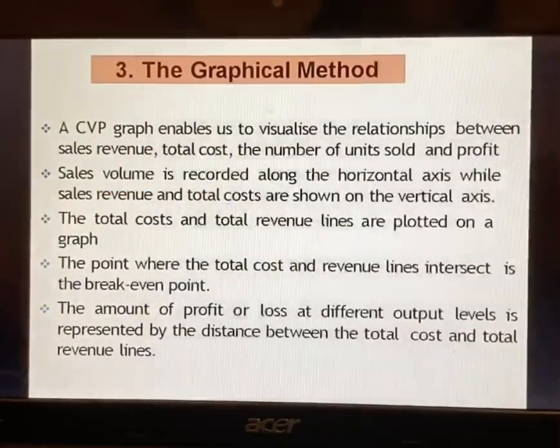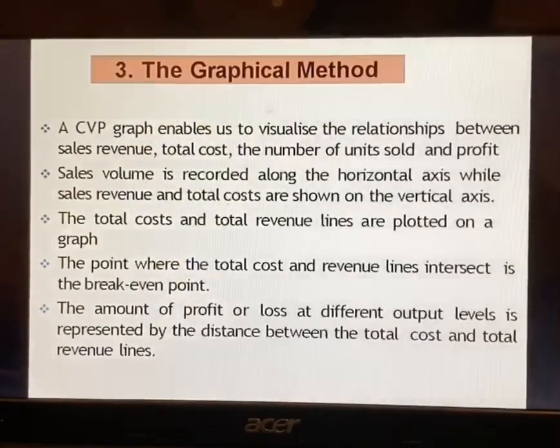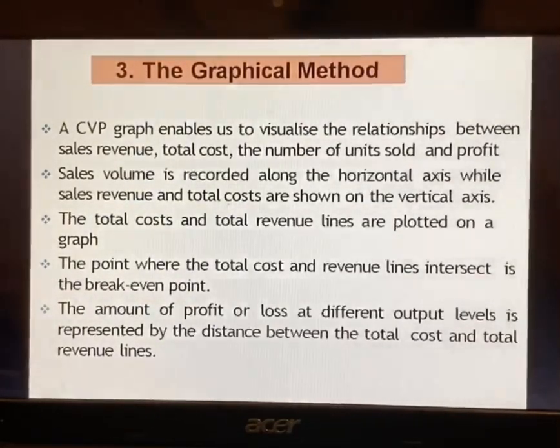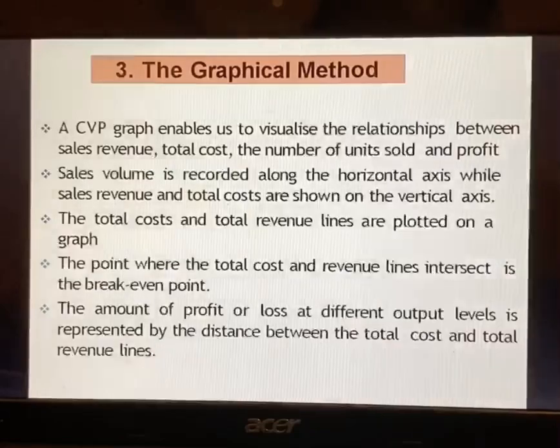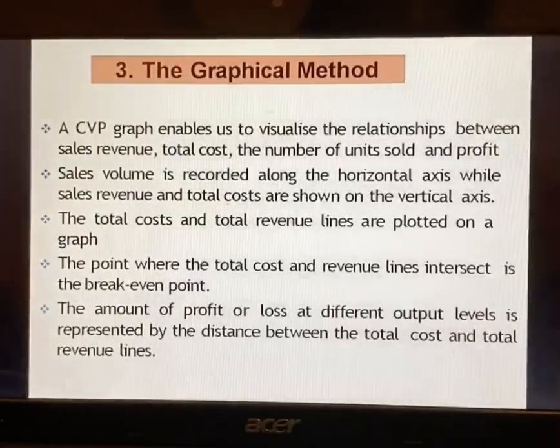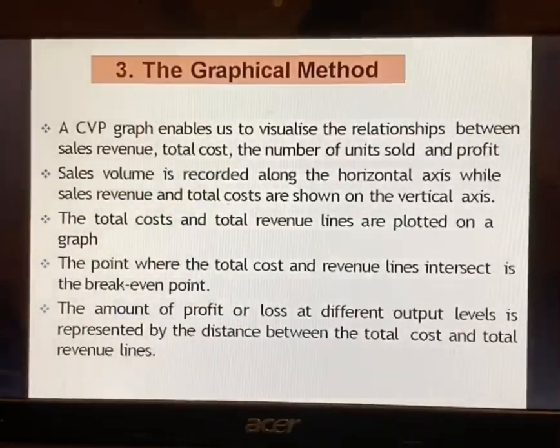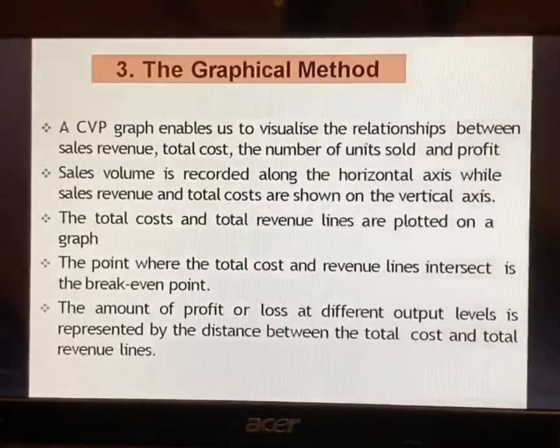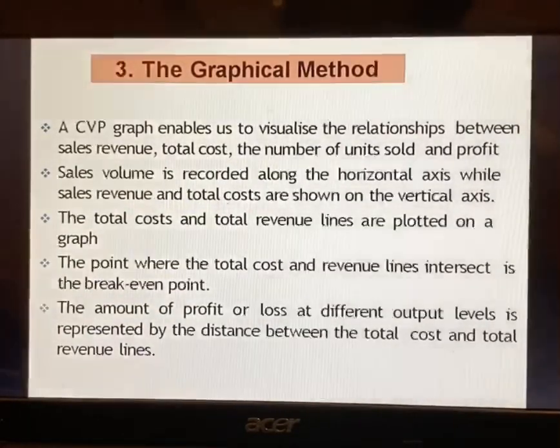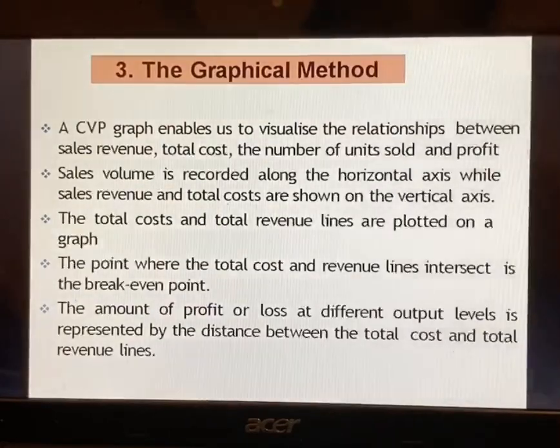And then the third method is the graphical method. A cost volume profit graph enables us to visualize the relationship between sales revenue, the total cost, the number of units sold, and the profit. The sales volume is recorded along the horizontal axis, while sales revenue and the total cost are shown on the vertical axis.